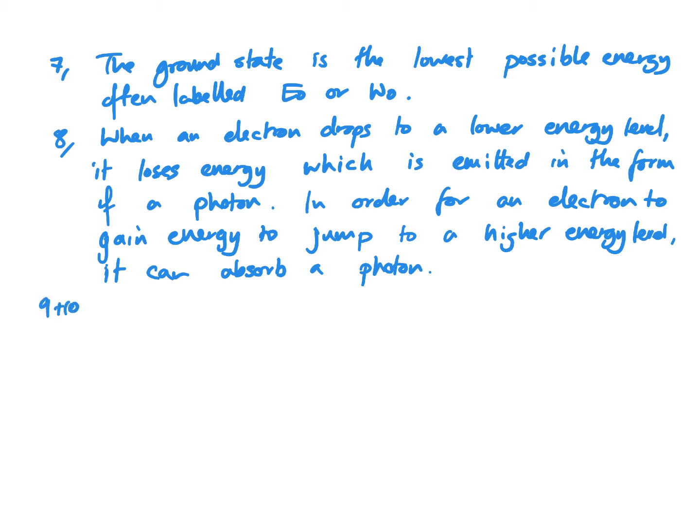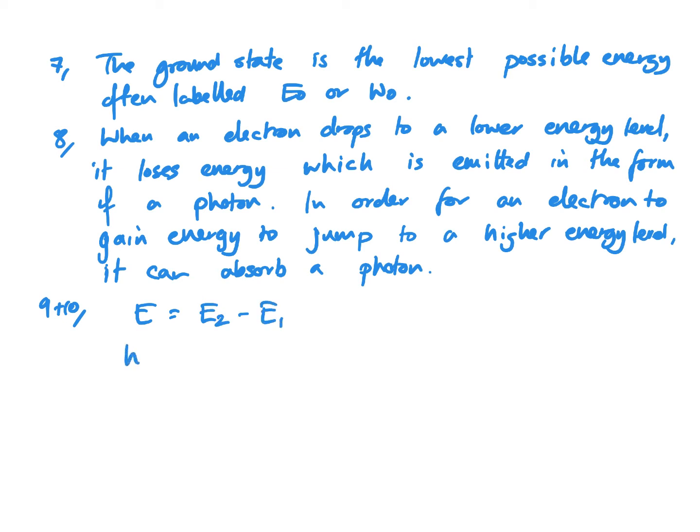And I'm going to group together 9 and 10. So we've got this idea that in both absorption and emission, you've got an electron gaining or losing energy and either emitting or absorbing a photon. So in terms of our energy conservation, we can say the energy of the photon, E, is equal to the difference in the energy levels, E2 minus E1.